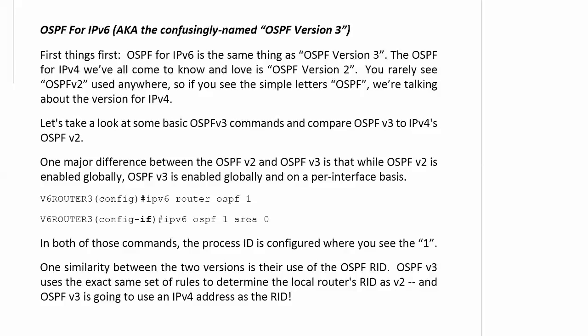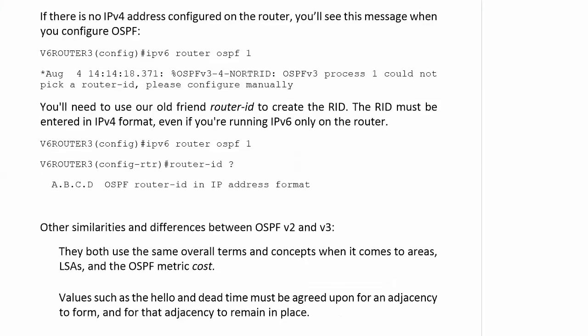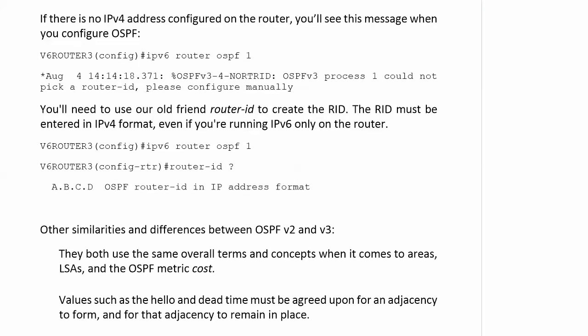Now, one similarity between the two versions is their use of the OSPF RID. OSPF version 3 uses the exact same set of rules to determine the local router's RID as version 2 did. And I know this is going to sound bizarre, but it's true. OSPF version 3 is going to need to use an IP version 4 address as the RID. So of course what you're already thinking is, what if there isn't one? The routers we've been working on here in the lab, we haven't put any version 4 addresses on there.